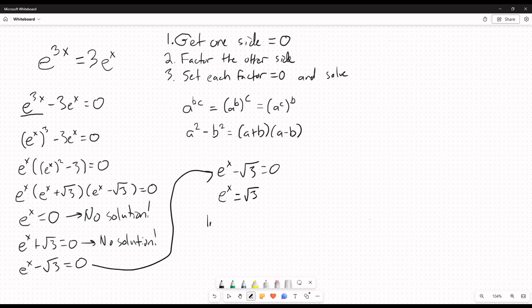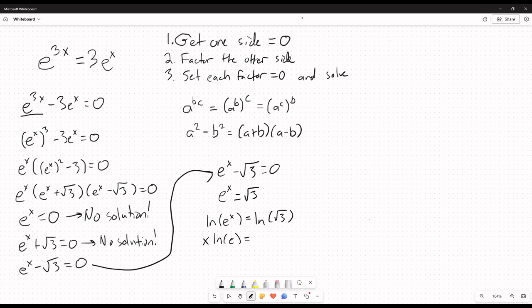So we'll have natural log of e to the x equals natural log of square root of 3. And we could immediately simplify this as just x, but just to show you what exactly the natural log does, it takes exponents and moves them out front. So natural log of e to the x will turn into x times the natural log of e.